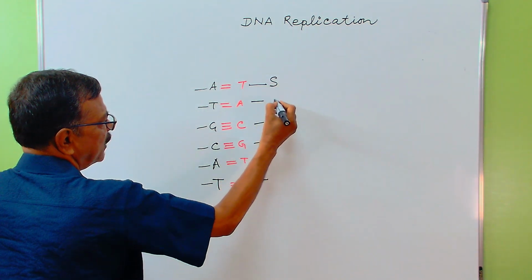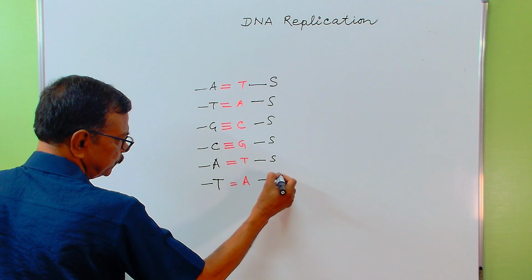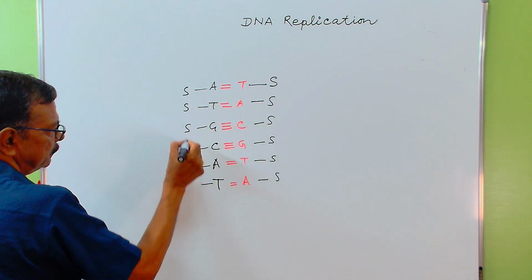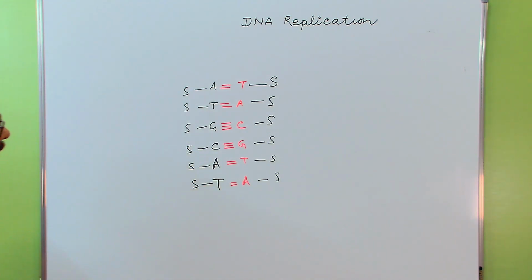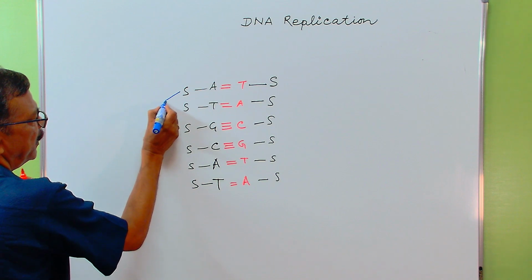So I am writing sugar, sugar, sugar. Then the sugar remains joined with phosphate.